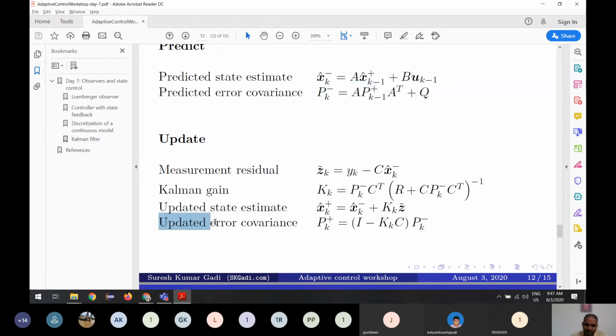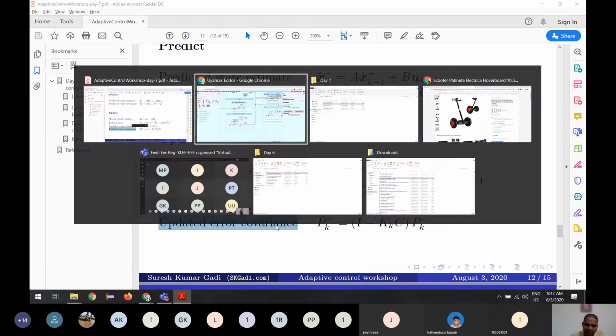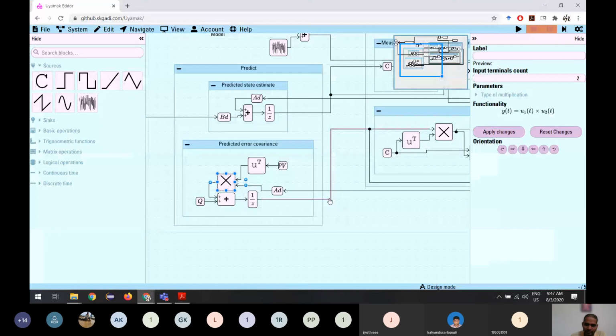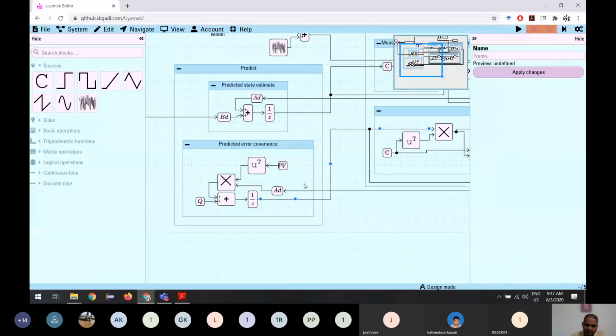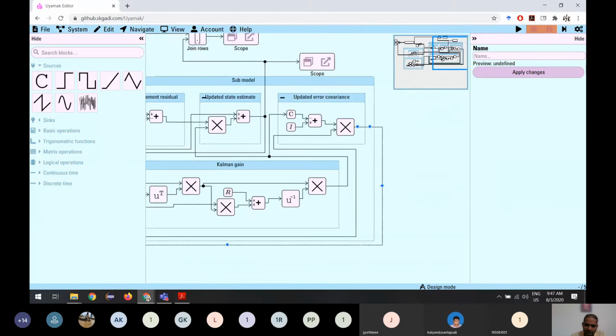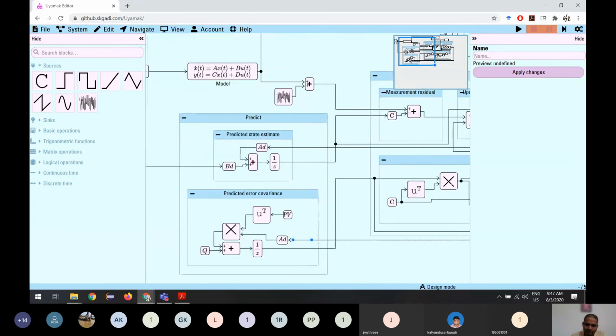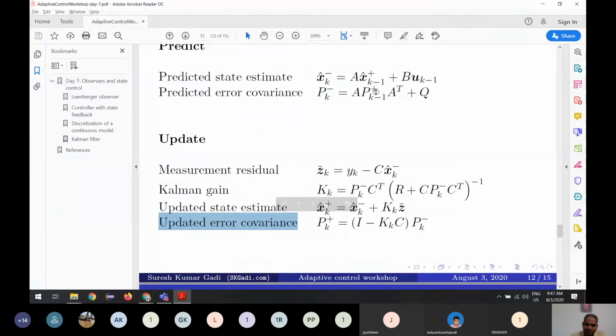So it is the updated error covariance. So let's go to this block, updated error covariance. I'm bringing this signal from this block and feeding it here, multiplying with A. So I get A times this one.